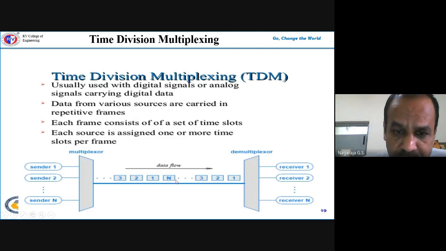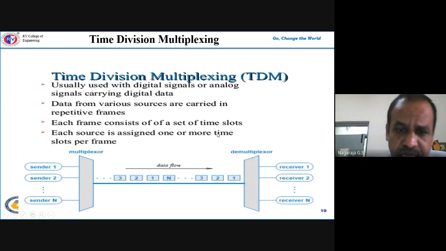I think you can notice the repetitive frames here. Each frame consists of a set of time slots. That is the key point in time division multiplexing. If a particular time slot is not used, there may be a wastage of that time, and it may not be utilized properly.